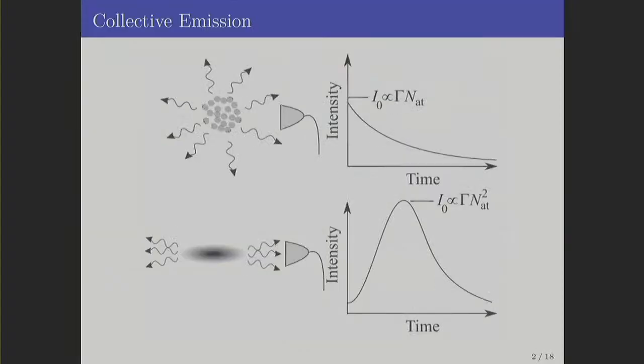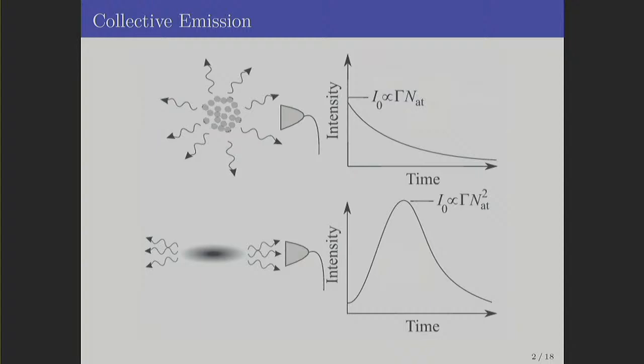If we study the collective emission in atomic ensembles, we can find two different situations. If we have an atomic ensemble and the atoms are not interacting strongly, the interaction is weak, we find that the intensity of the spontaneous emission is proportional to the number of atoms.